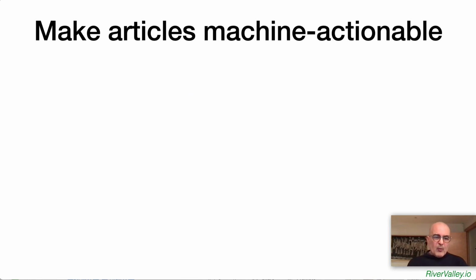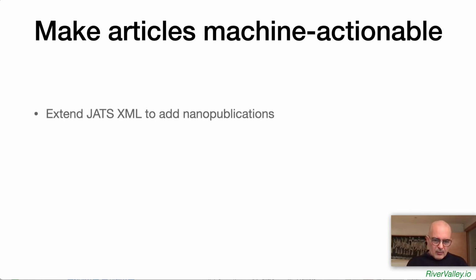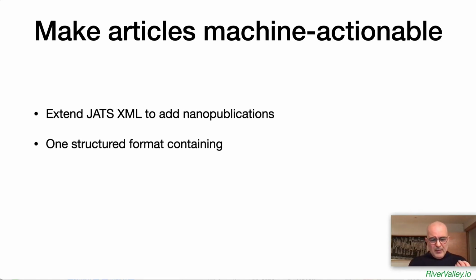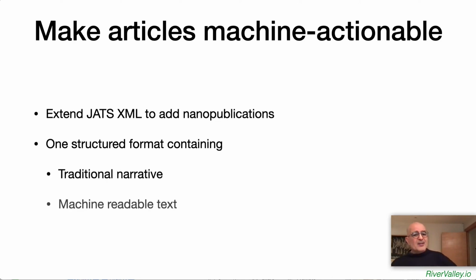So in effect, we're making a machine-actionable article. As I say, extend the JATS XML to add nanopublications. So we have one structured format. It has the narrative and all the assets, and it has machine-readable text too.